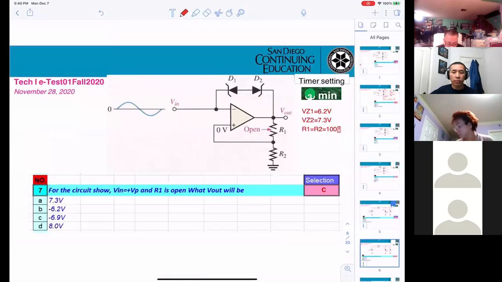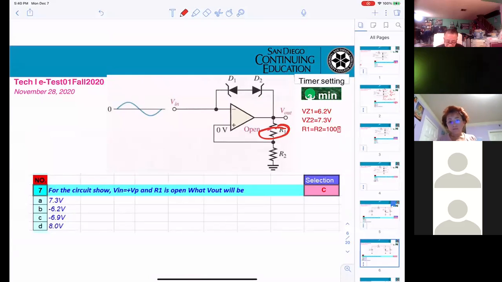For this circuitry, they say V in positive. R1 is open. They open right here. So we're talking about the positive half cycle with R1 open. That means the input will be positive here. Okay? Right. And R1 will be open.